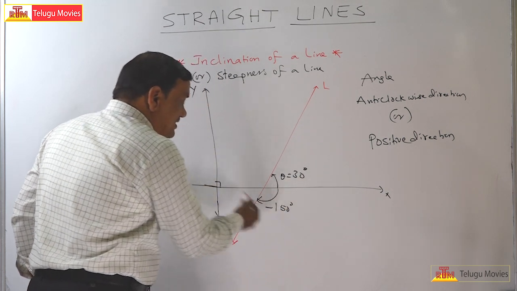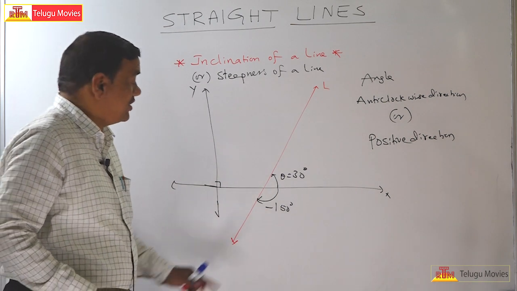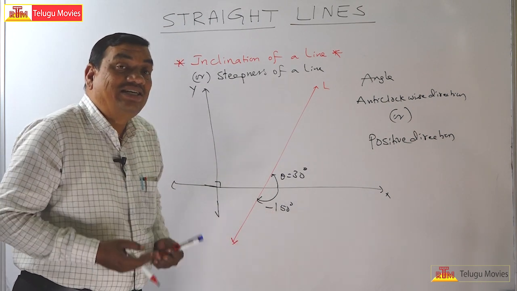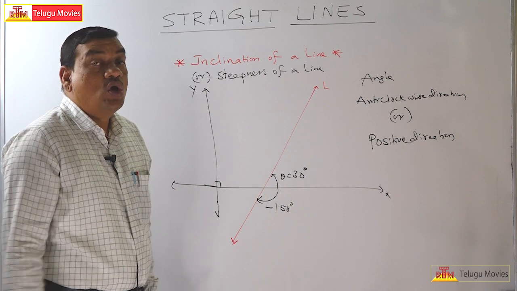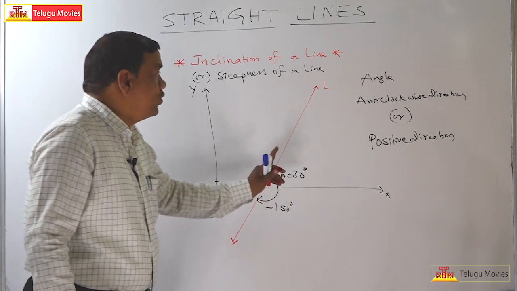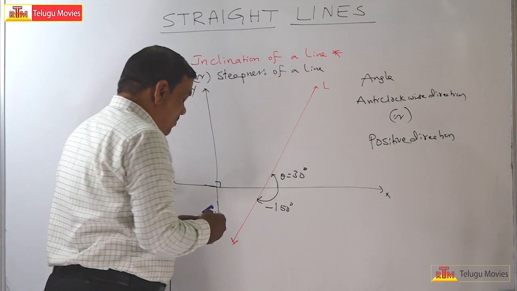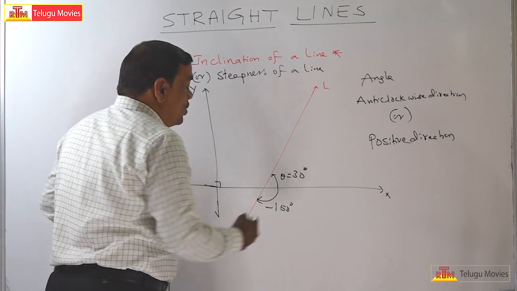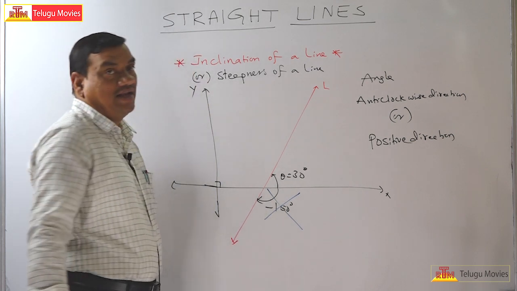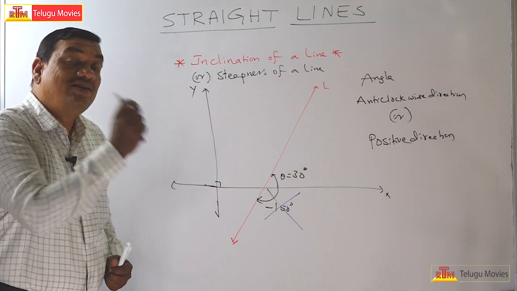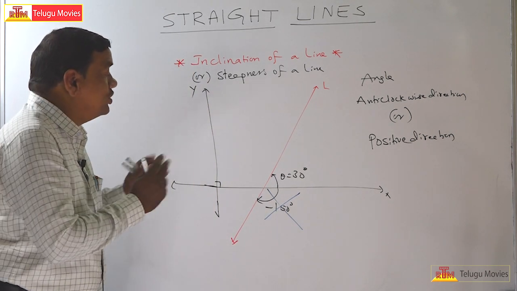If you measure the angle in the clockwise direction, that angle is treated as a negative angle. To mention the inclination of a line, we have to take only the positive angle, not the negative angle. So always the inclination of a line is a positive angle only.